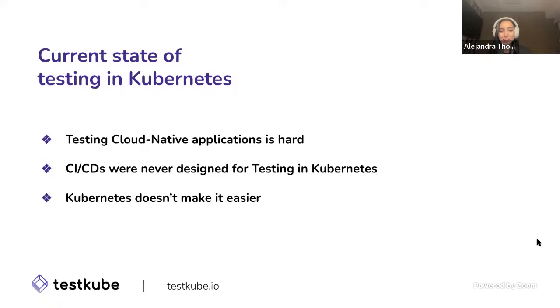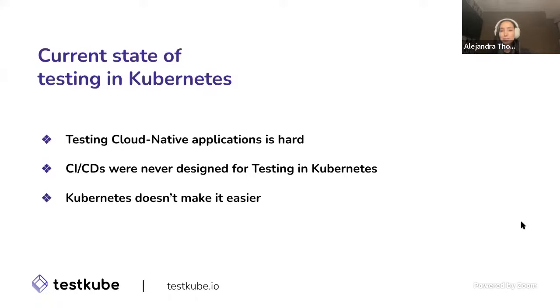Kubernetes is complicated on its own, and it's made up of many moving parts and elements that are involved in deploying and managing containerized applications. Because of this, testing cloud native applications can be very complicated, and navigating our CI/CD pipelines and workflows that are usually also not designed for testing in Kubernetes makes it even more so.